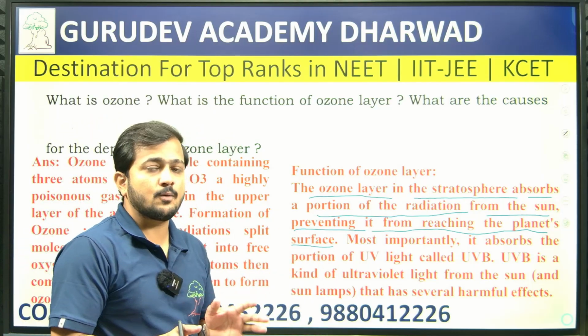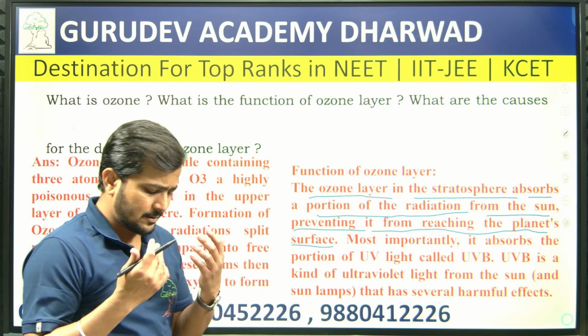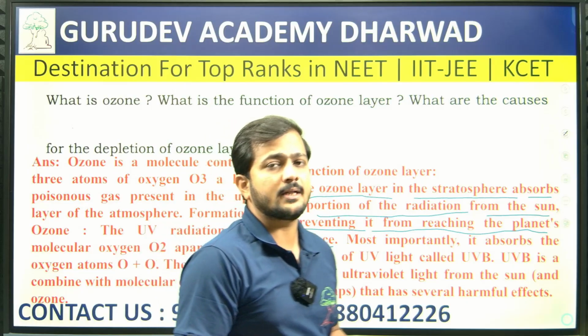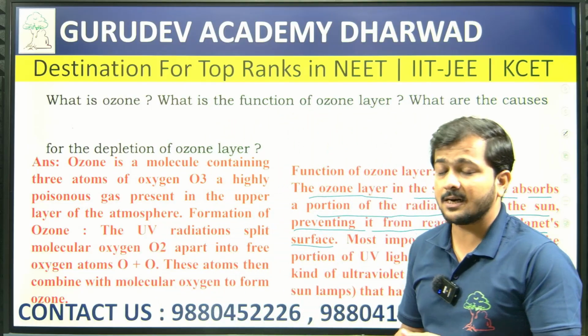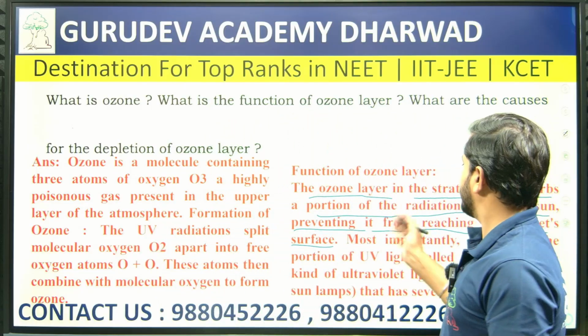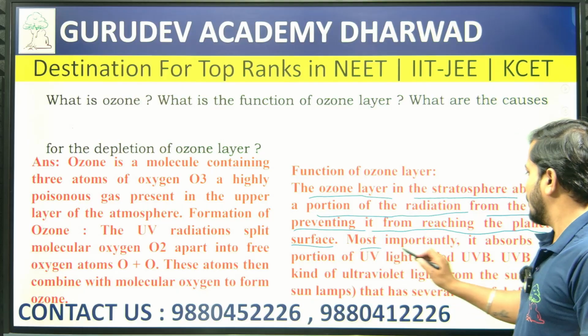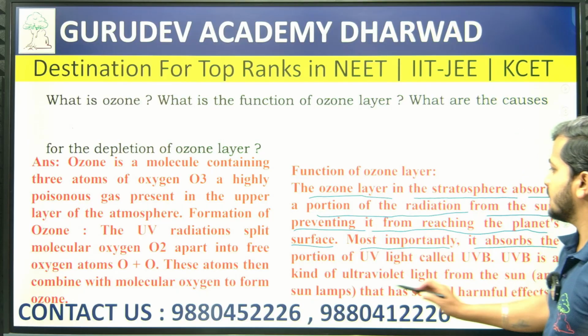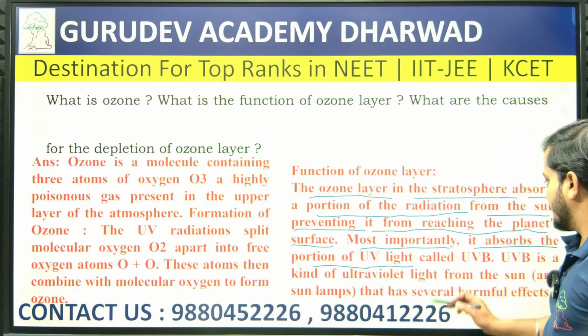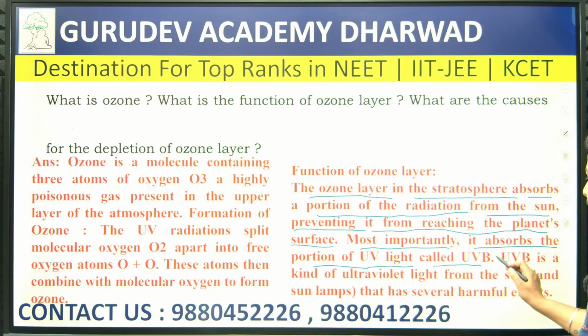The short wavelength light should not enter the earth's surface, which is absorbed by this ozone layer. Most importantly, it absorbs a portion of UV light called UVB.